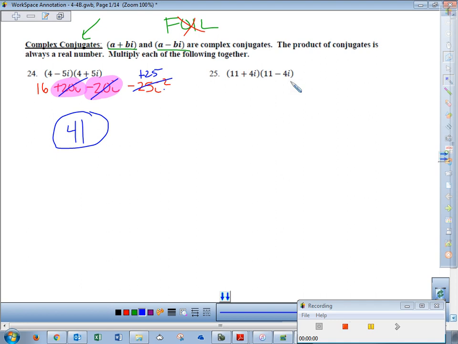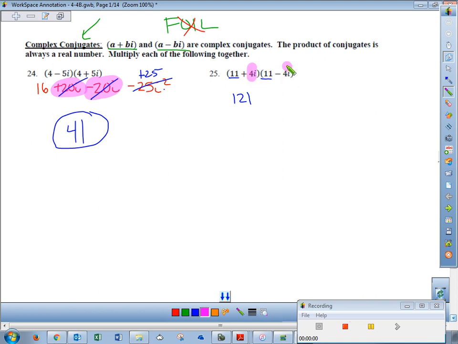On number 25, these are complex conjugates, correct? There is no need to FOIL them out. First terms times each other, 11 times 11, is 121. Last terms times each other, 4i times negative 4i, is negative 16i squared. Write that down.